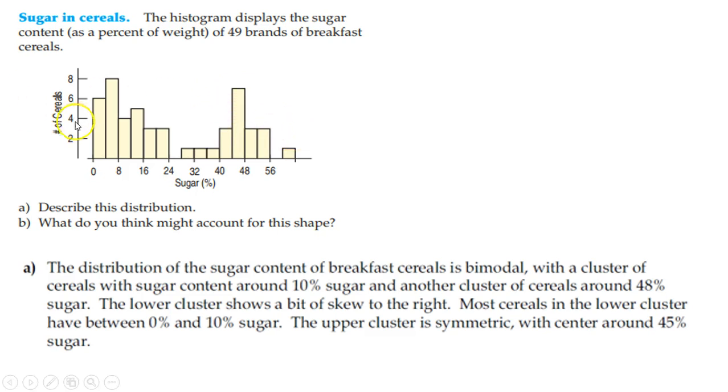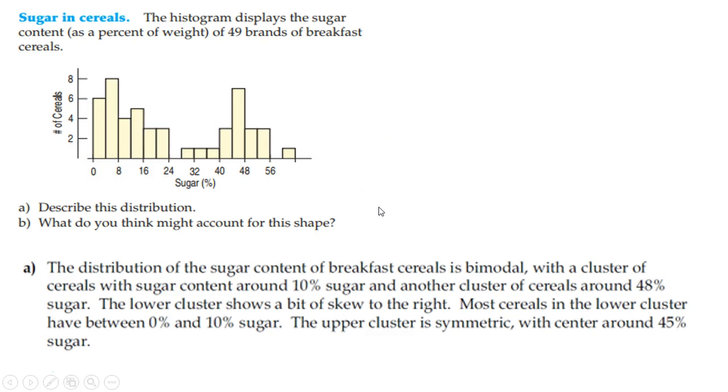It kind of looks skewed to the right. This one kind of looks, if anything, maybe skewed to the left, but kind of normal. Most cereal in the lower cluster is between 0 and 10%, and the upper cluster looks more normal and symmetric. With that center, it could be in between the 44, 48-ish, so around the 45 mark is what it's looking like right now.